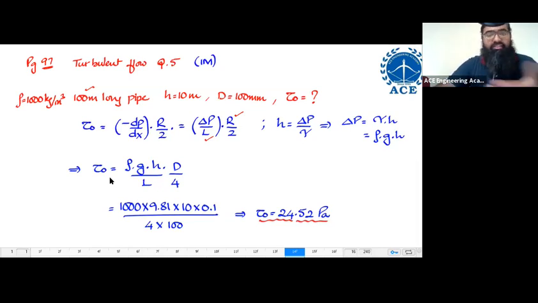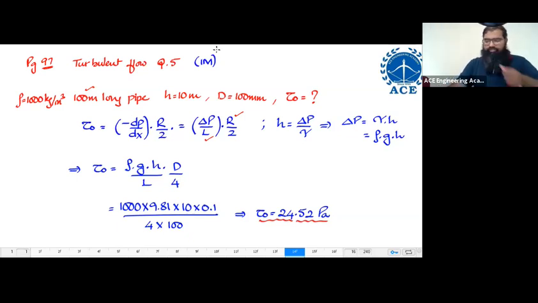Even so, we are able to solve, because whatever type of flow, be it laminar, turbulent or transition, even if we do not know which type of flow it is, we can still use these formulas, because they are universal. In any case, you are going to have the same formulas.